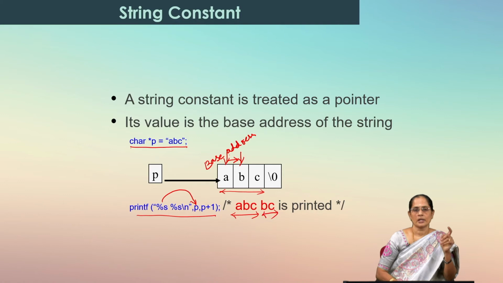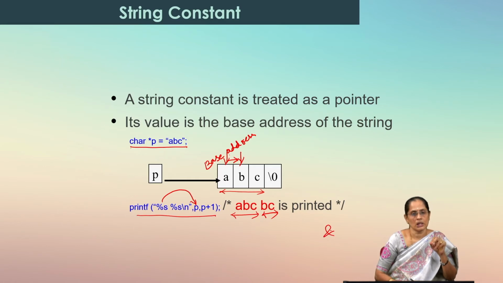One important thing to be noted in this case is that while handling pointers, we have used the ampersand notation to denote the address value, and we might have used the asterisk symbol to denote the value stored in that particular location. But here, since we are using %s, we need not give any of the pointer operators.